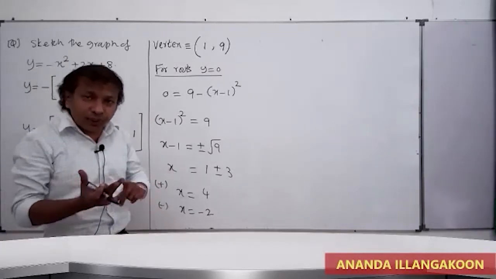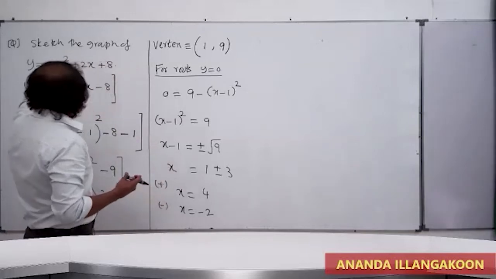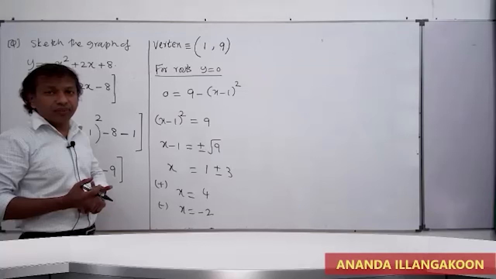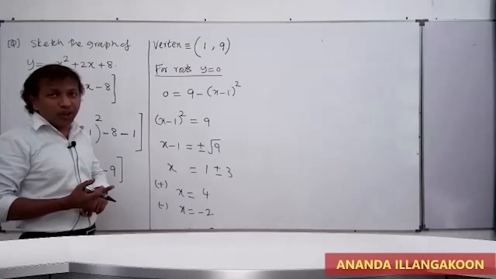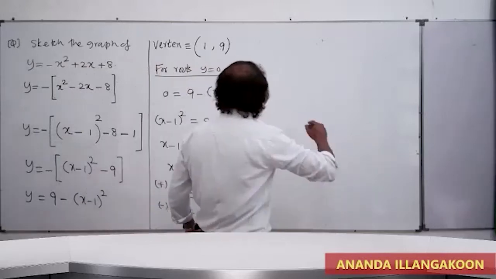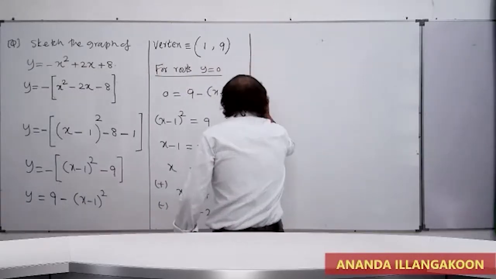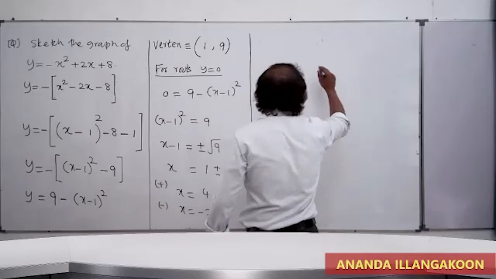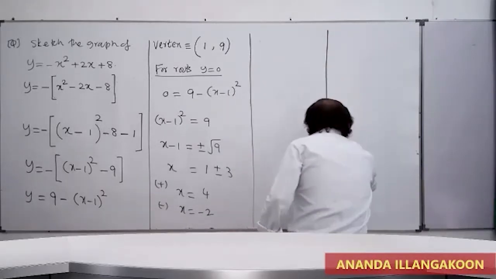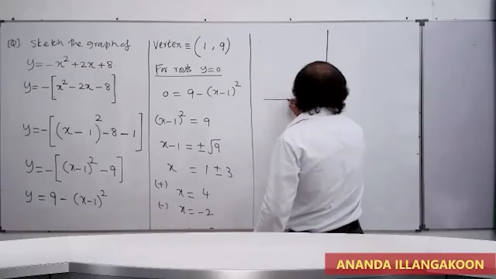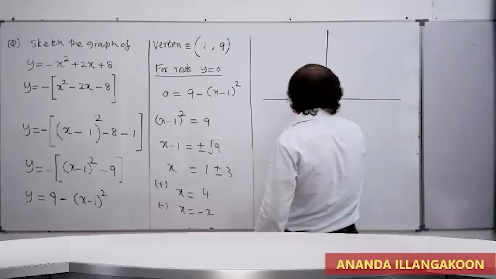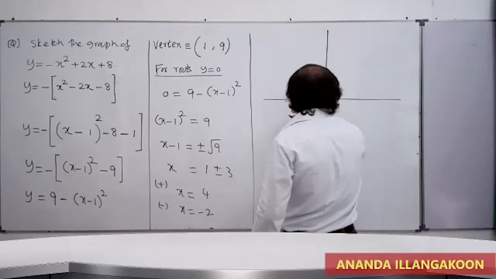This is all. Now we know the graph is what? Maximum. Why? The x squared coefficient is negative. Right? The roots we know and the vertex we know. Now we can draw the graph. Rough sketch only, no? Yeah, then we can draw the graph. The two roots are minus 2 and plus 4.